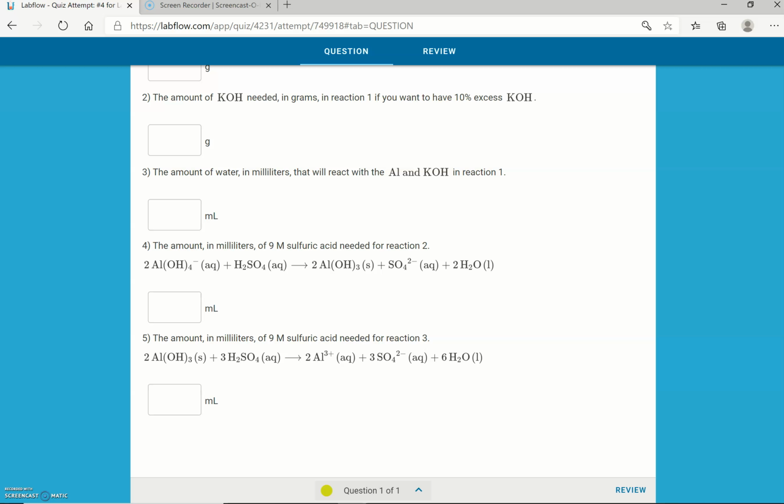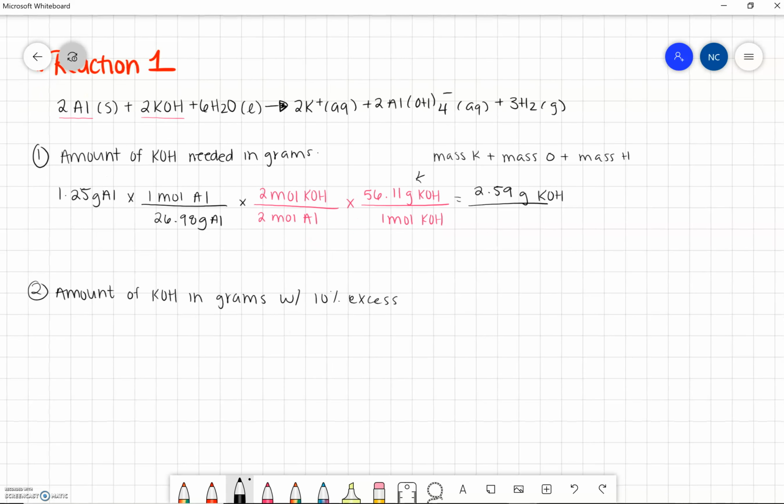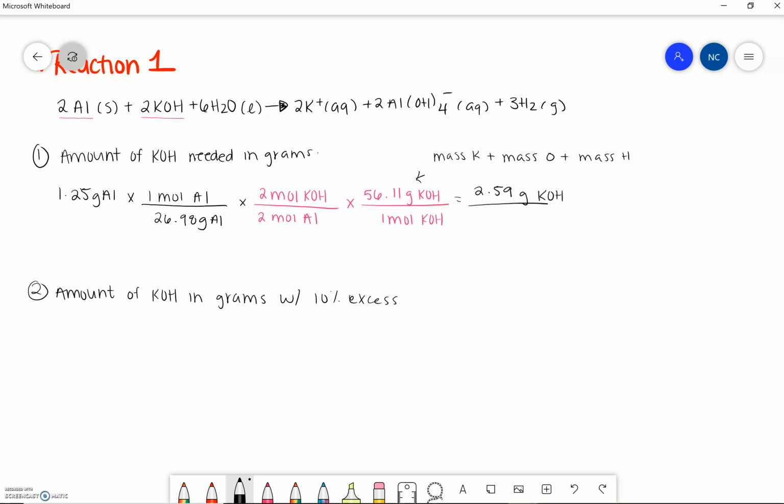So the amount of KOH in grams with a 10% excess: you're going to take the mass of the KOH that you just calculated from question 1, 2.59 grams, and multiply by 0.10.